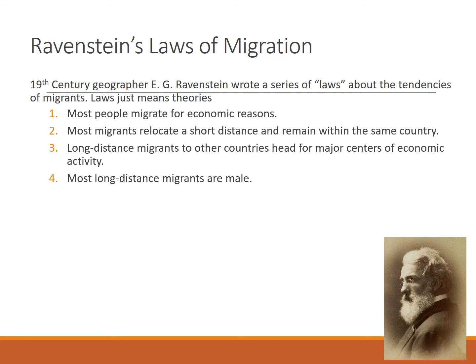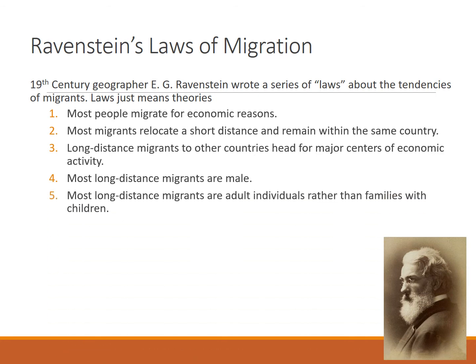This is because males traditionally are the ones who leave the home and work to get money. Women are preoccupied with raising children, and of course there are social stigmas with that. And as a student pointed out, there are increased risks for women who are traveling, unfortunately. Most long-distance migrants are adult individuals rather than families with children.